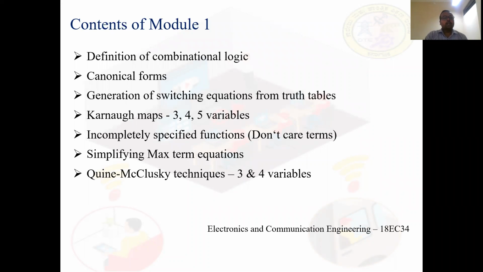The contents of Module 1 are definition of combinational logic, canonical forms, generation of switching equations, looking at the truth tables, K-maps, simplification of Boolean expressions for 3, 4, and 5 input variables, incompletely specified functions, which we call don't care terms, and also simplifying the max term equations using K-map. And the last technique we study in Module 1 is the Quine-McCluskey technique for 3 and 4 variables.